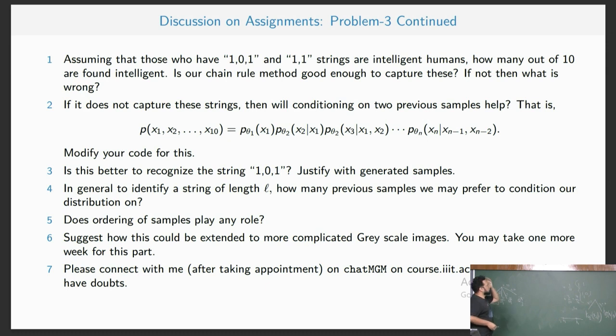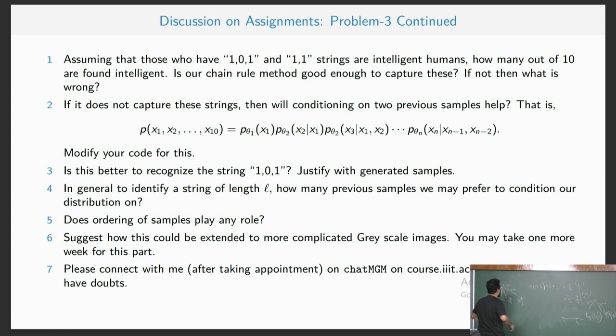So this is a slightly complicated model, because it needs 4 times n minus 2, plus 2, plus 1. The first one needs 1 parameter, the second one needs 2 parameters, and the remaining n minus 2 of them, starting from 3, need 4 parameters each.